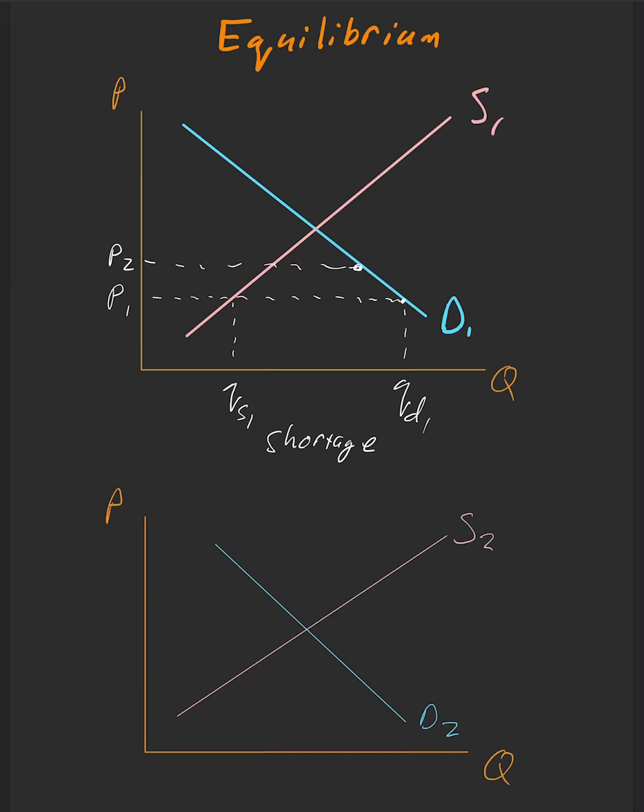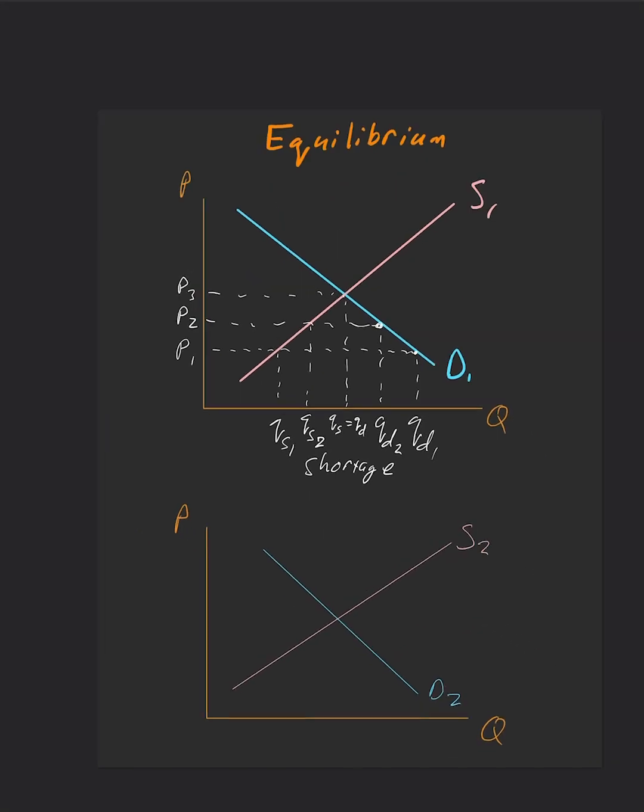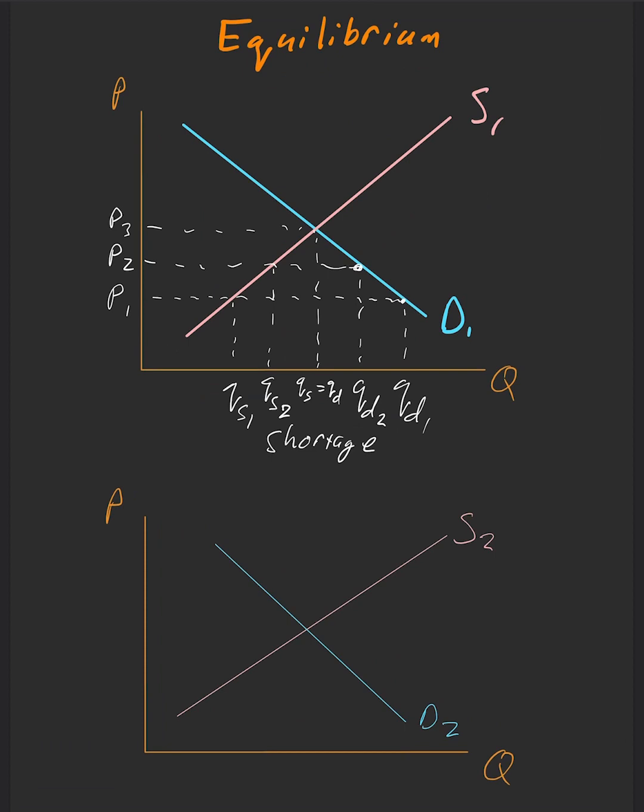As the price rises, the amount that consumers want to buy goes down, and the amount that producers want to make available goes up. This continues until we reach the equilibrium price, where the quantity supplied equals the quantity demanded.